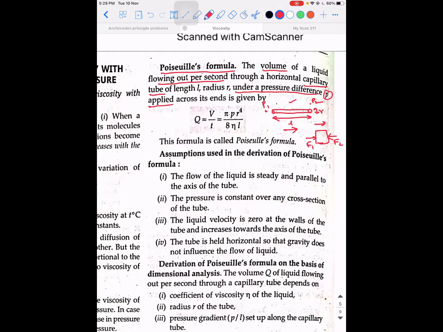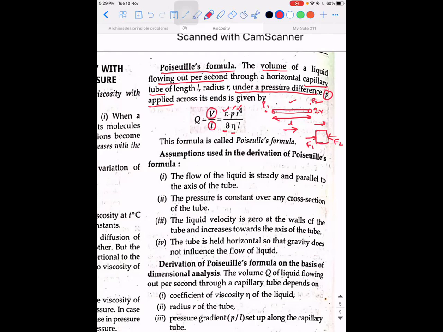Okay, so the amount of volume, V stands for volume, the amount of volume flowing per unit second is equal to pi into P, where P stands for pressure difference, into r power 4 divided by 8 into eta into L. What is eta? Eta is the coefficient of viscosity, and L is the length of the capillary tube.